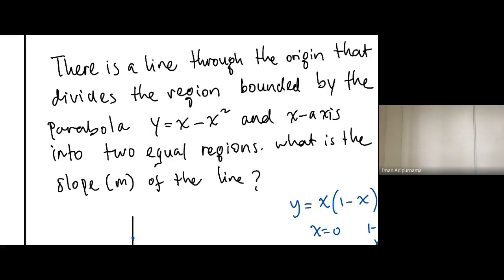And it's asking what is the slope of the line. So the line should have a specific slope, okay?